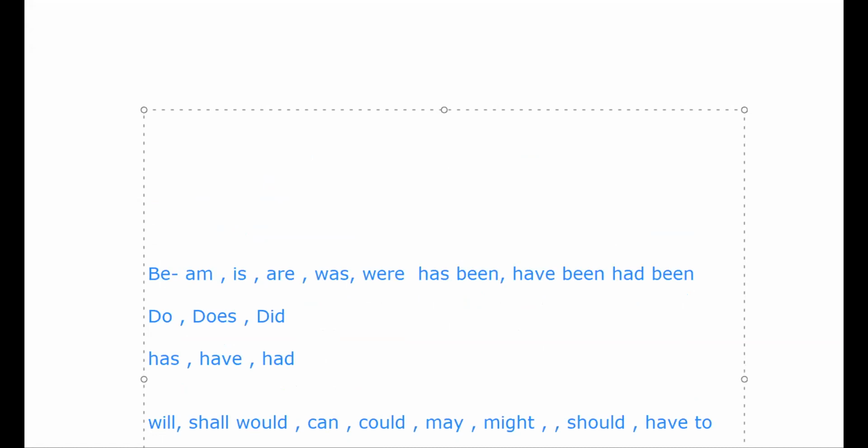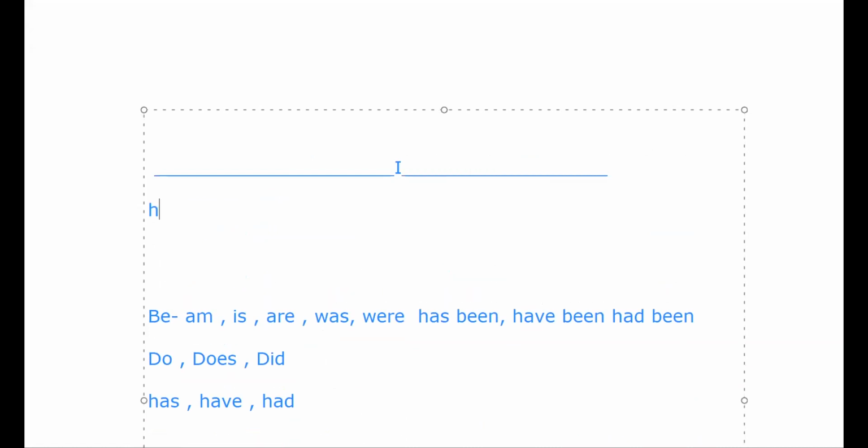Look at this. I'll give you a sentence here. This is a time indicator, I mean timeline. Look at the sentence. He dash come here tomorrow. Where is the time indicator? This is the time indicator. So obviously I'll put this time indicator here. So future. So what is your answer for this?